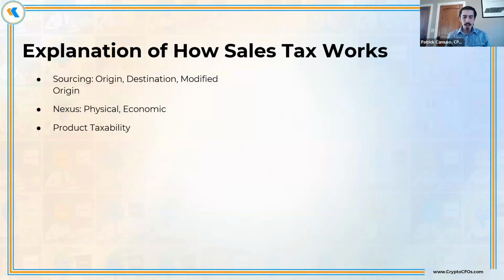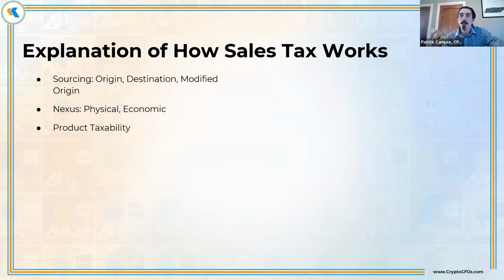So how do sales taxes work? There are a few variables that go into how you're going to calculate the sales taxability for any given transaction. It's important to understand that at a basic level to see how it's going to apply to NFT transactions. The first thing we have to consider is sourcing the sale. That basically means understanding what tax jurisdiction this sale is going to fall under.